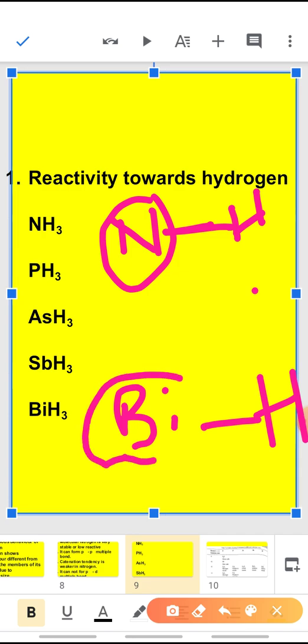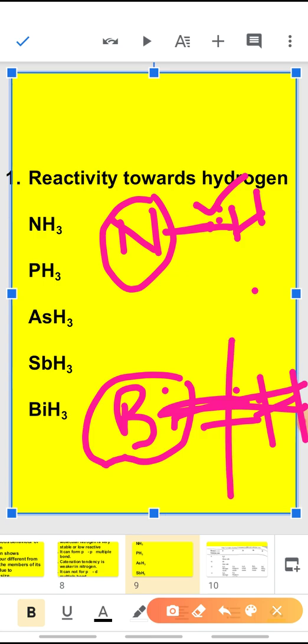Bismuth is big, so the bond length will be more. Which of the two bonds is stronger, the smaller bond or the longer bond? Smaller is stronger. So you can simply say that the thermal stability of group 15 hydrides decreases as we move down the group. The bond can break easily.